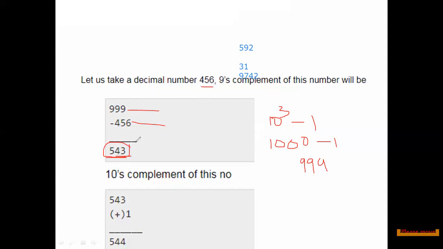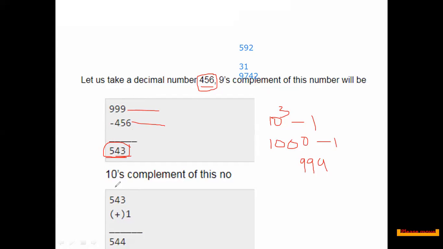So here we subtract the given number from 999 and get the result.